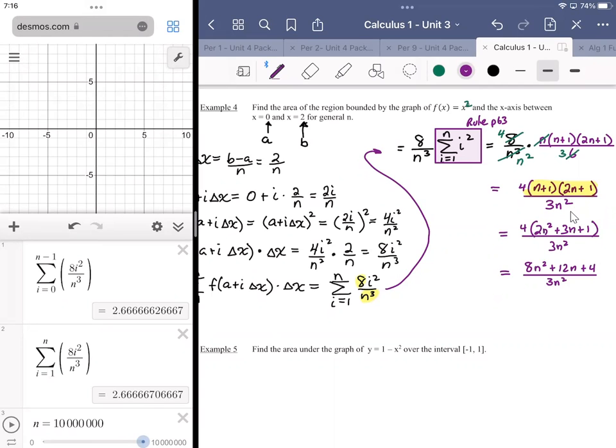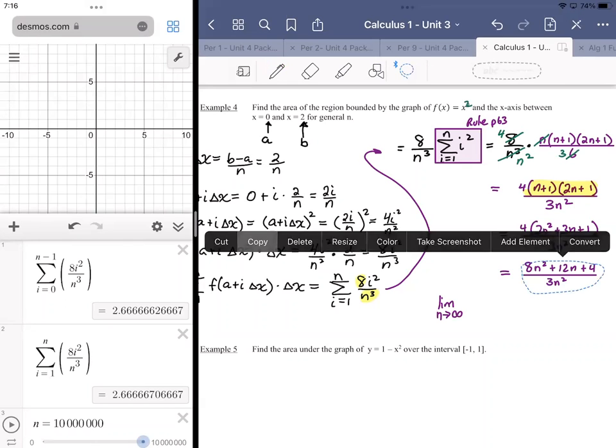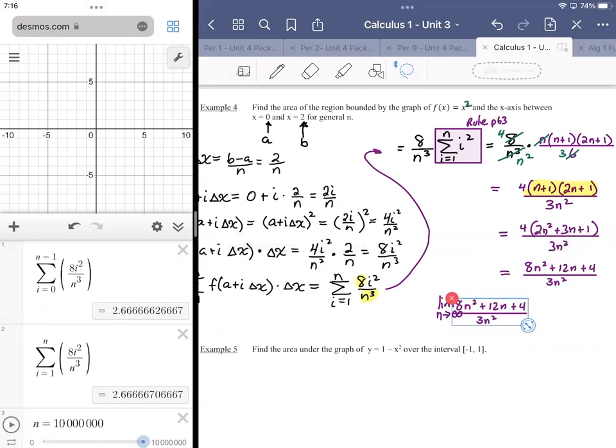All right. So then the final step, which in and of itself has its own issues, involves us finding the limit of this as n approaches infinity. Now, if I plug in infinity into the top and bottom, I'm going to get infinity over infinity.